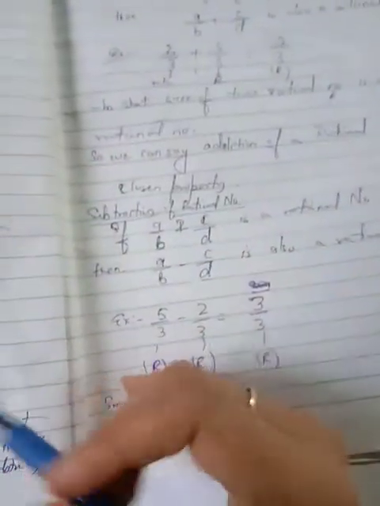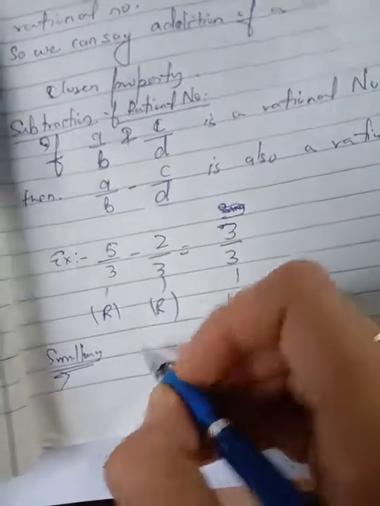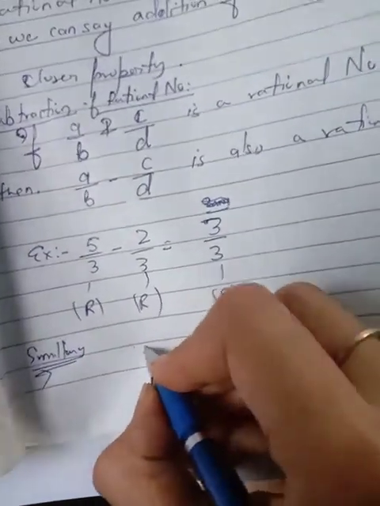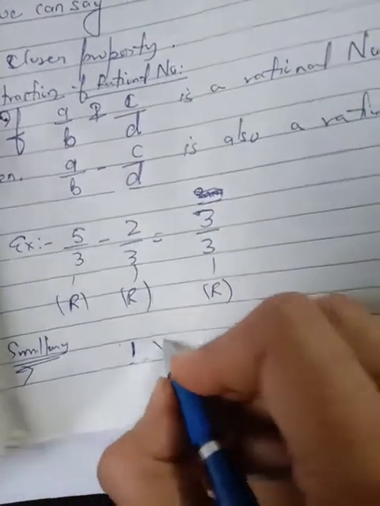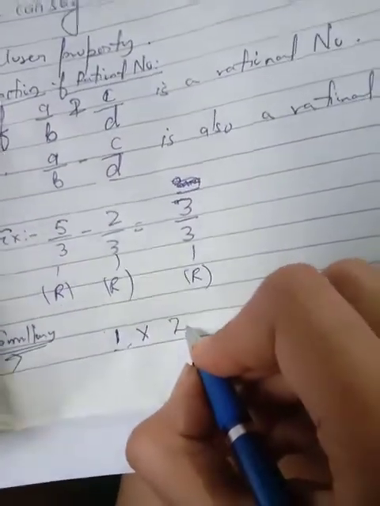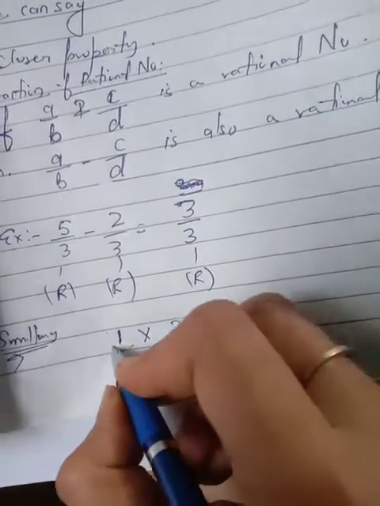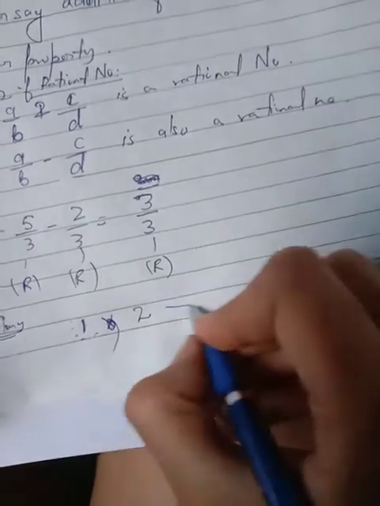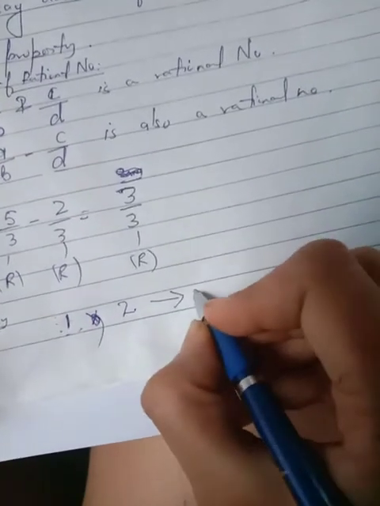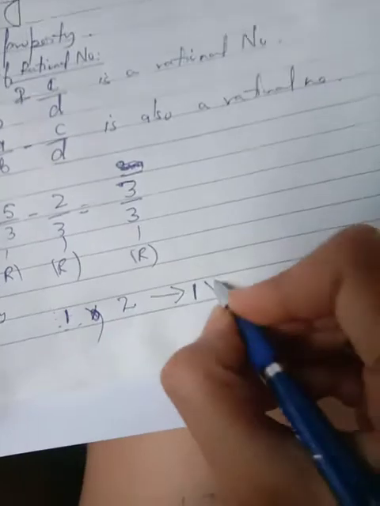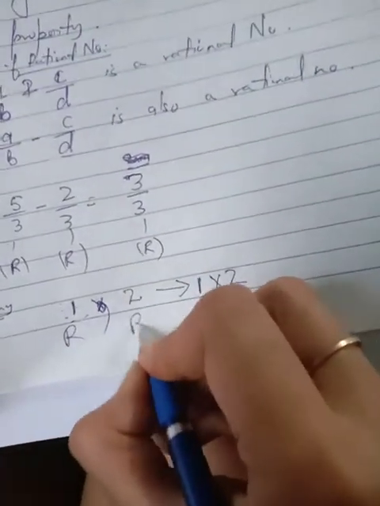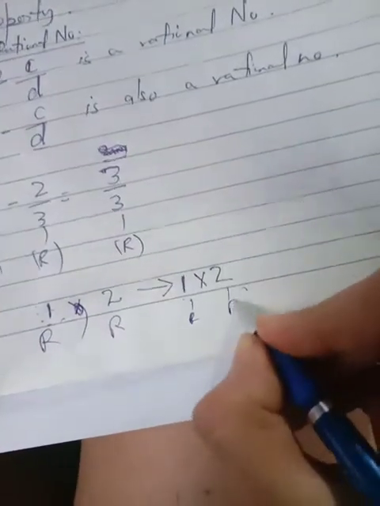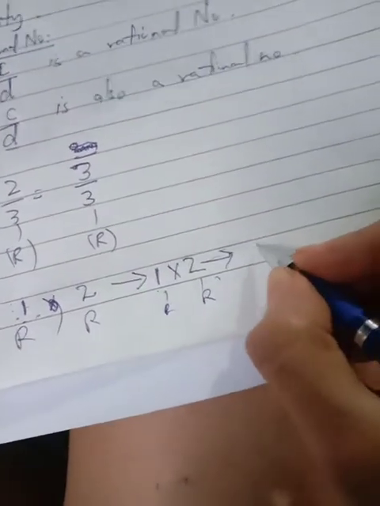In the same way, multiplication also follows the closure property. What does it mean? It means that if 1 is a rational number and 2 is also a rational number, when you multiply them, 1 into 2, what is the result?